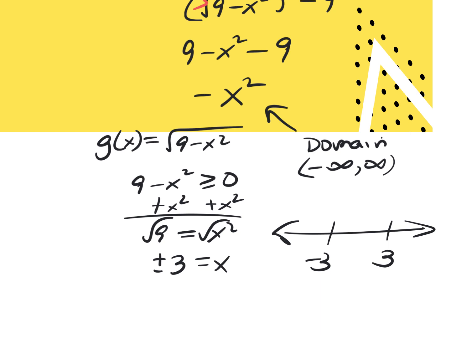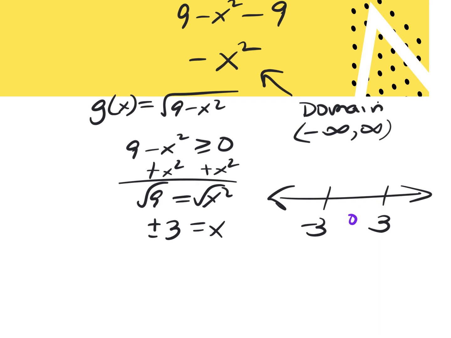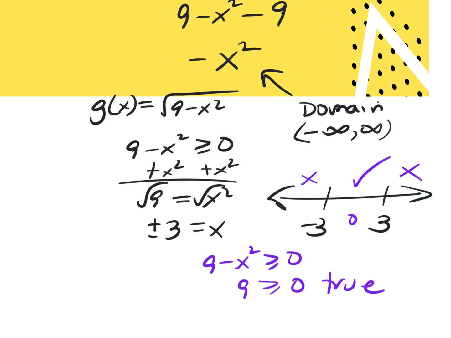Put the two numbers, sorry. We have to do the x check thing. So let's plug in 0. When I plug in 0 into 9 minus x squared greater than or equal to 0, I get 9 is greater than or equal to 0. This is true. So this gets a check mark. This gets an x. So the domain of my input is going to be brackets, negative 3, positive 3.